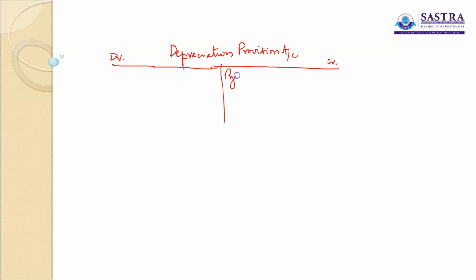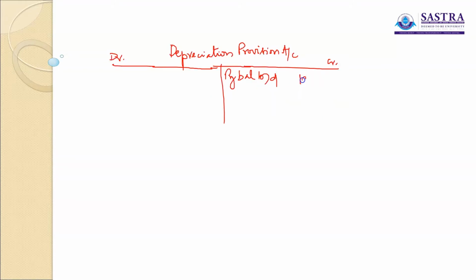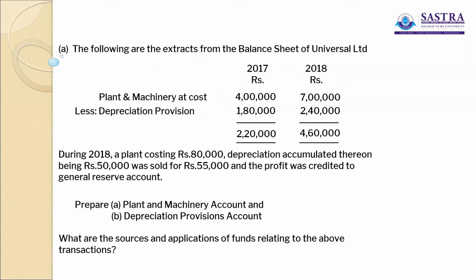So by balance brought down, opening balance being 1,80,000 is shown here, and to balance carried down being closing balance 2,40,000.